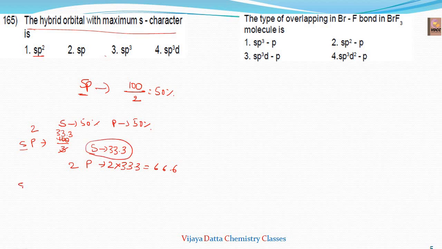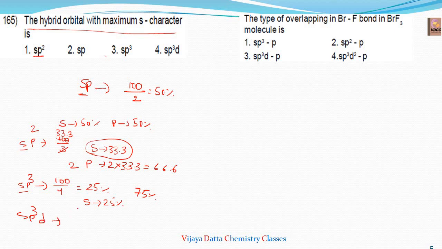Next, come to sp3. How many hybrid orbitals do we have? 4. So 100 by 4; obviously each one gets 25%. Only one s is there, so s is 25%. There are 3 p orbitals, total is 75%. Next one is sp3d.